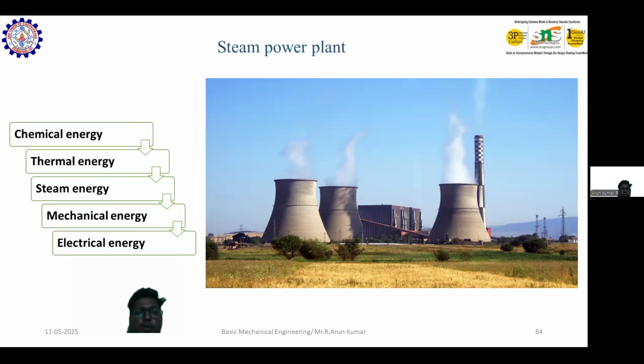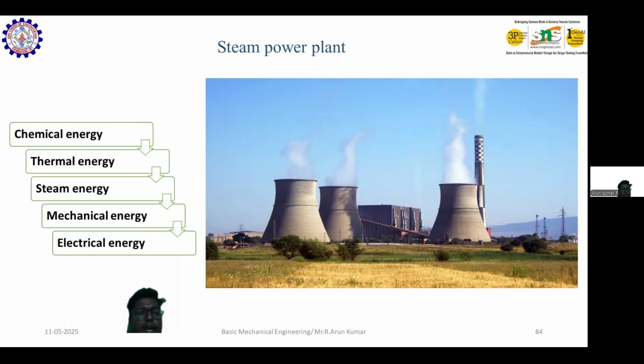I already told you that a primary source is converted into a secondary source. The secondary source is either heat energy or electric energy. First, the chemical energy is converted into thermal energy, and the thermal energy is converted into steam, above 100 degrees Celsius.